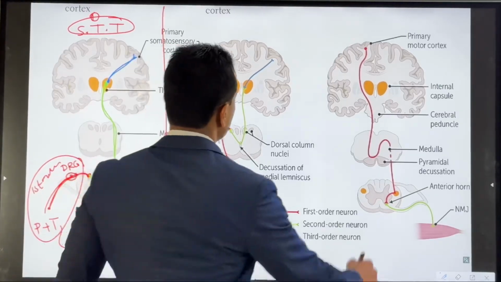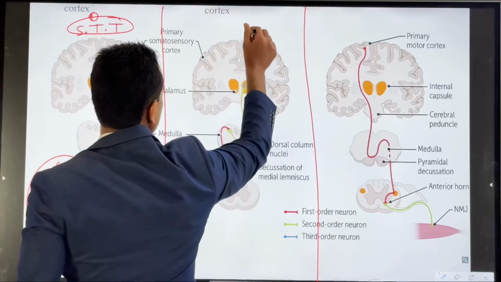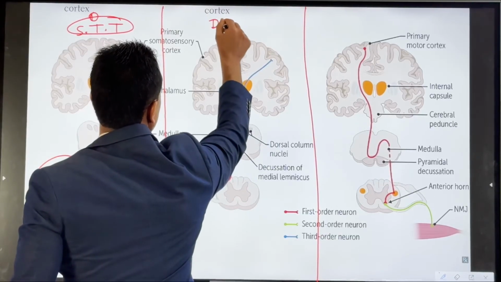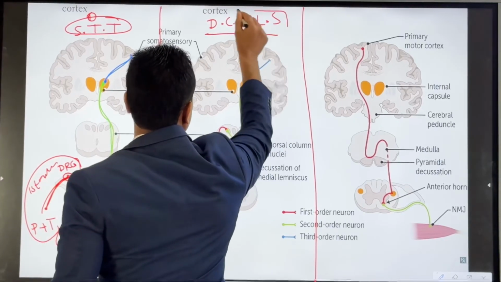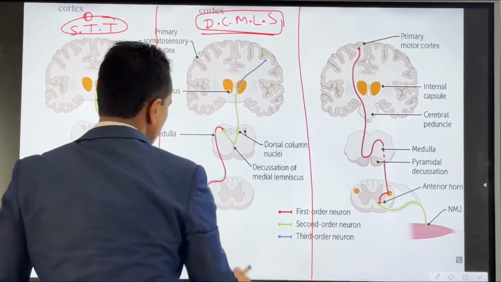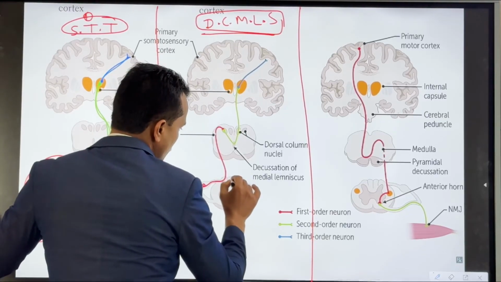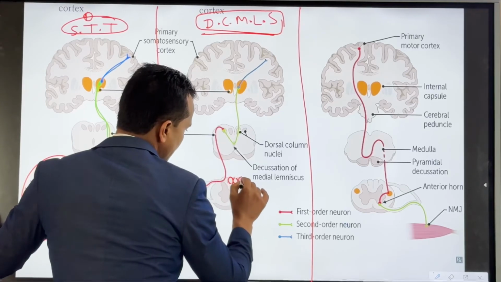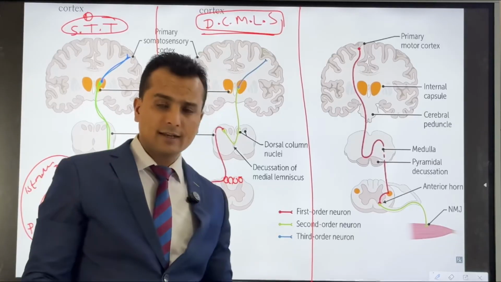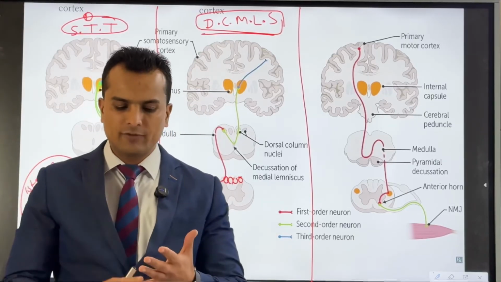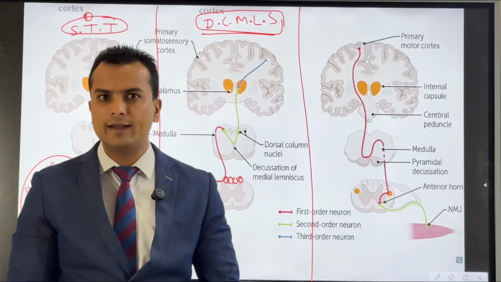Then in the second picture, this is your dorsal column medial lemniscus system, DCMLS. The dorsal column of the spinal cord has nuclei like cuneatus and gracilis, and the dorsal column is taking information like vibration, proprioception, stereognosis, and fine touch.